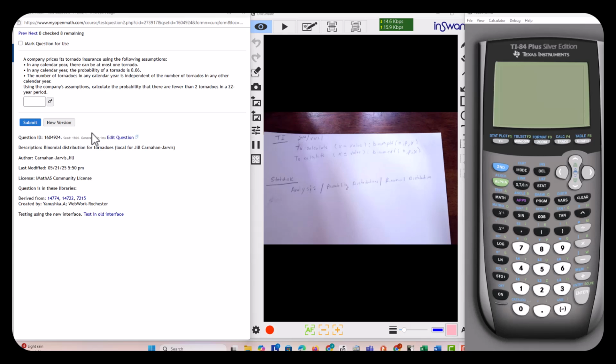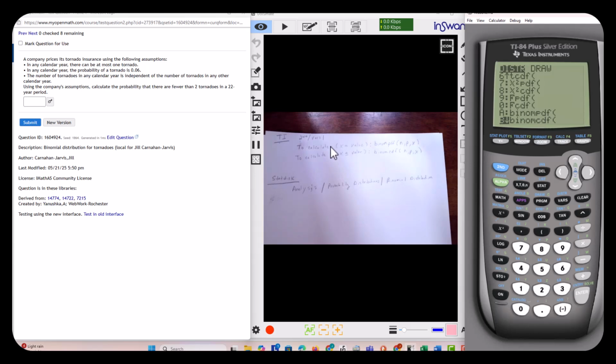So binomial. First of all, on your TI emulator, you'll be going to second, large. You've got two options for binomial: binomial PDF and binomial CDF.